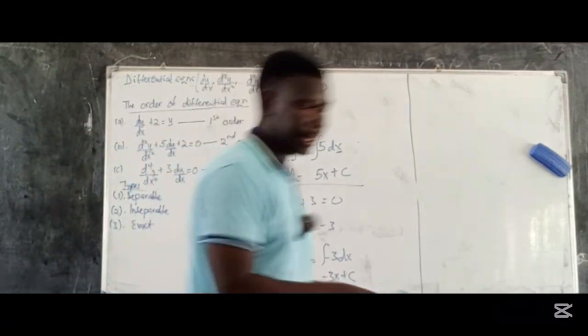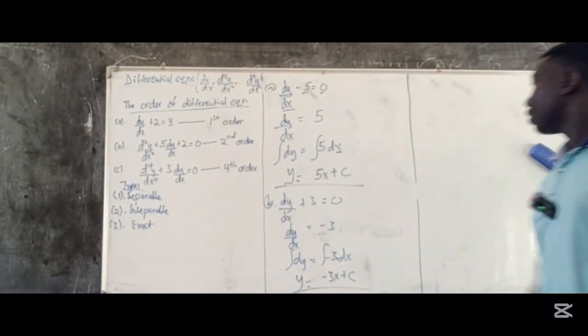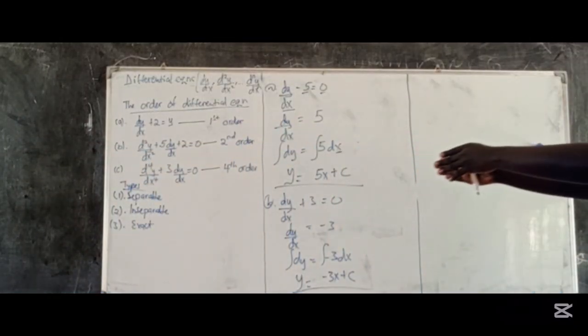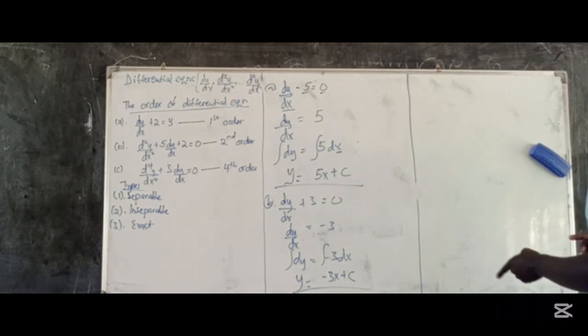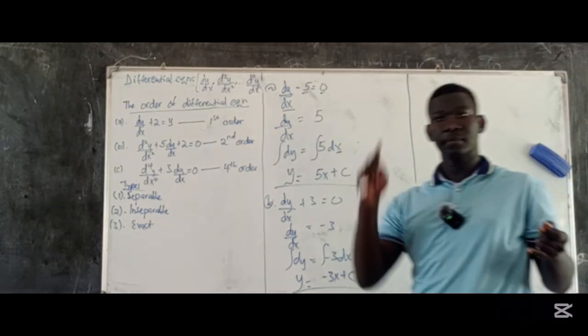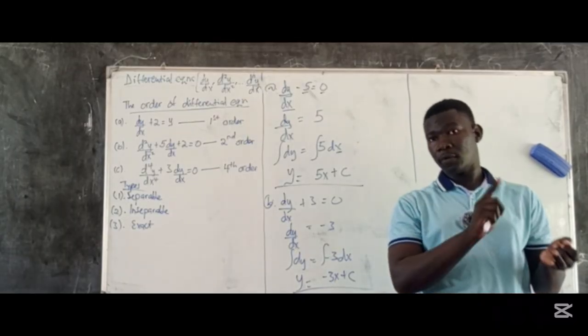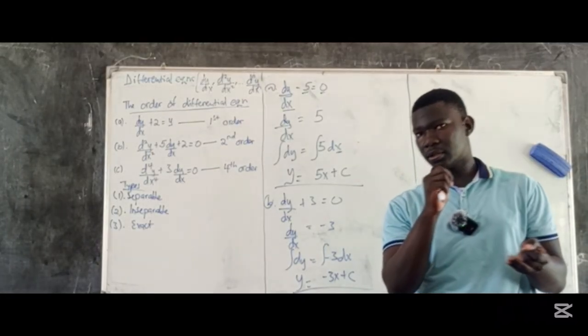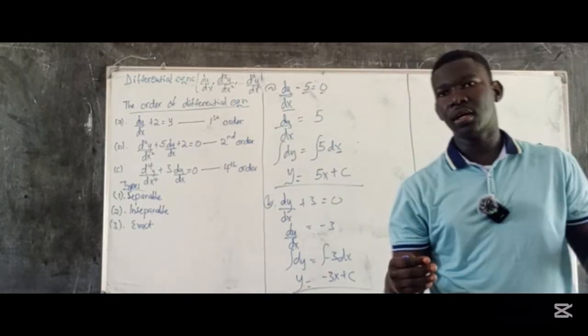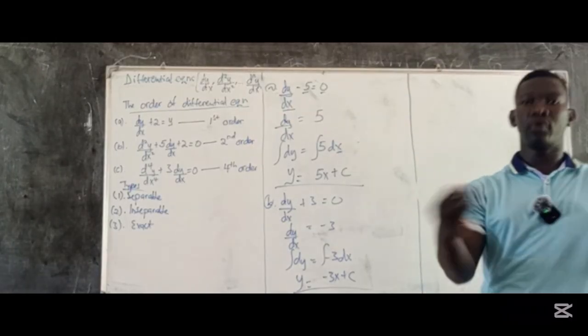Under this differential equation, we are going to be dealing with basically these 3 types. But under this topic, we are going to see questions like solve, form an equation. Then lastly, we will see real life examples of how we apply this knowledge.